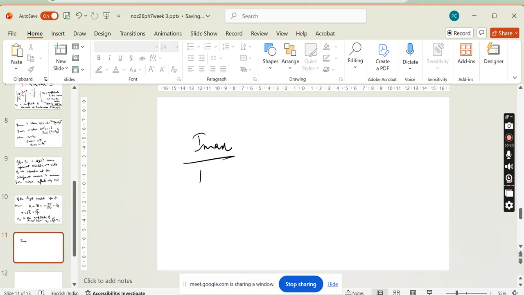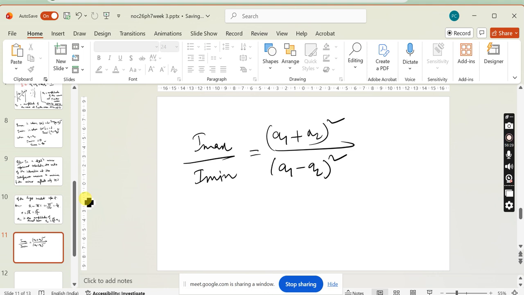So I max by I min would be (A1 plus A2) whole square by (A1 minus A2) whole square.